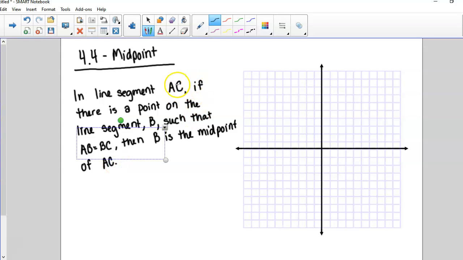And so what this is saying is here you've got this point B. It's in the middle of points A and C, such that the length from A to B is the same as B to C. It's just the point in the middle of the 2 points.